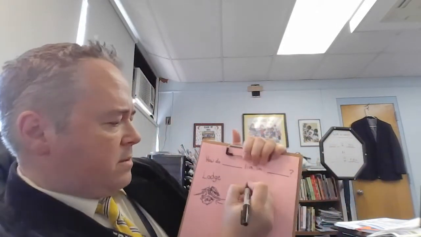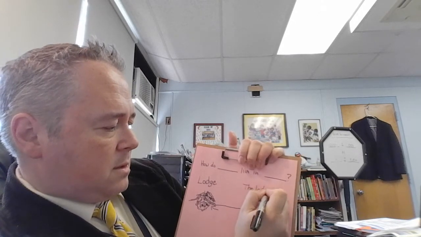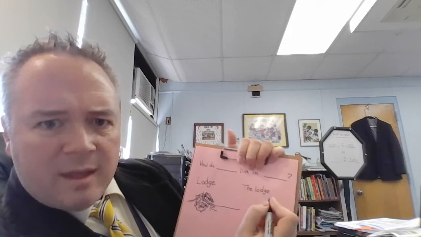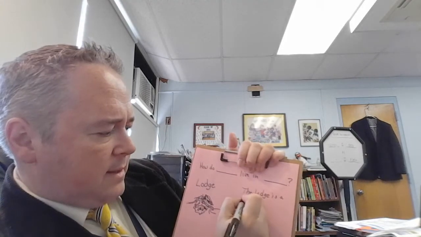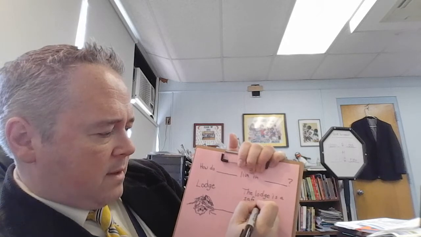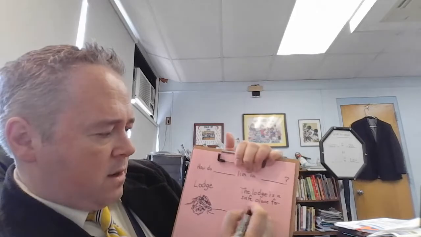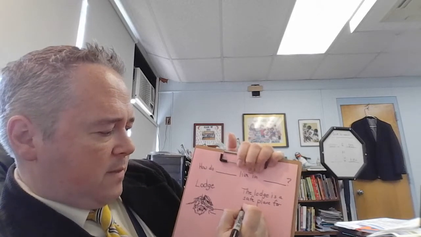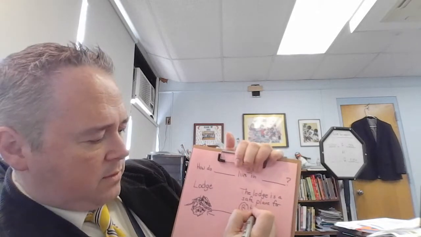I'm going to write about it. Ready? Here we go. I'm going to try and write some sentences. The lodge. I'm going to write some of those words I thought about down. Is a safe place for the beaver. I'm just going to use the letter B there to live.